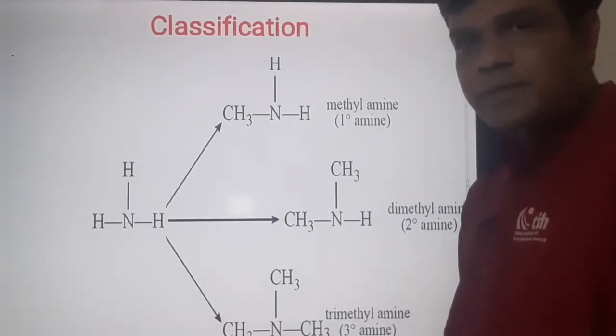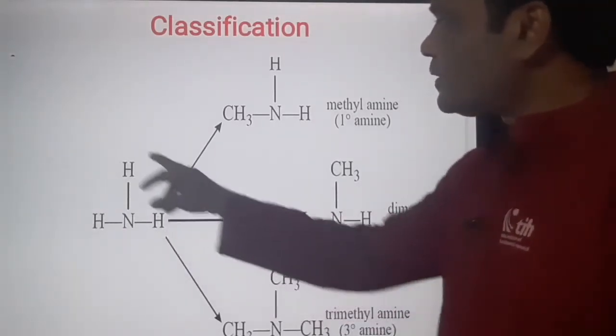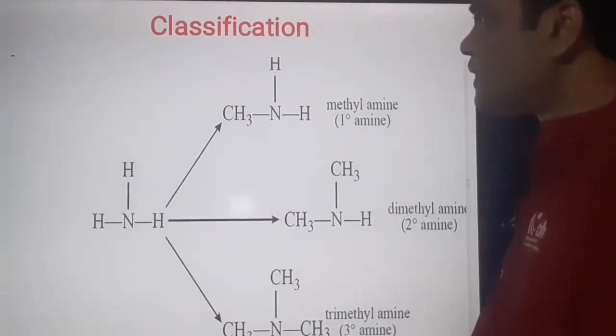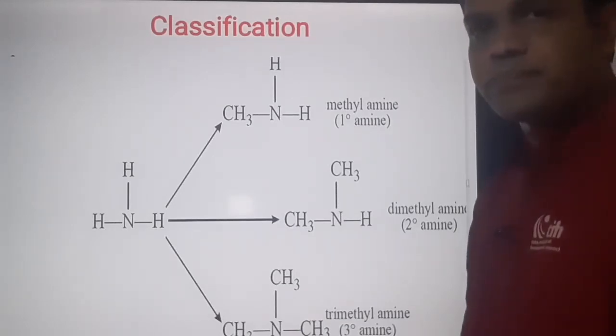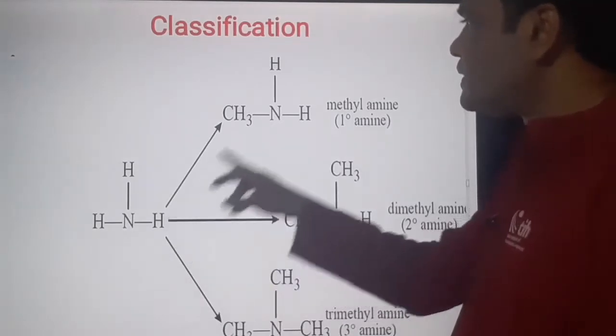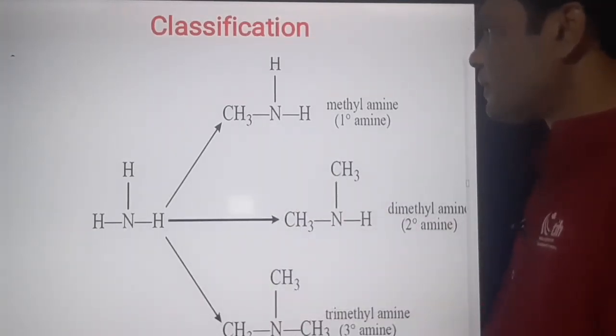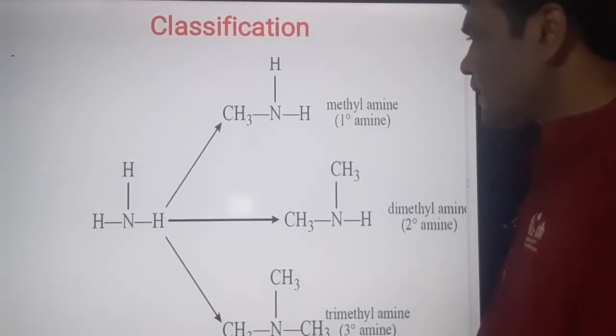In the primary amine, one of the hydrogen of the ammonia is replaced by methyl group. See here, one of the hydrogen is replaced by methyl group and we get methylamine, that is primary amine.